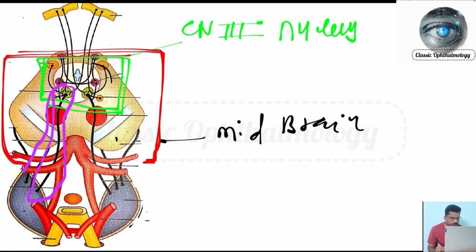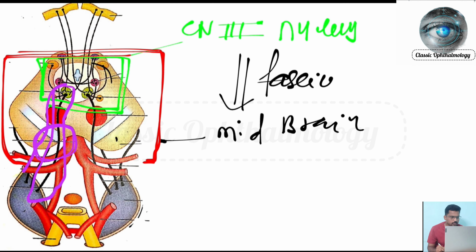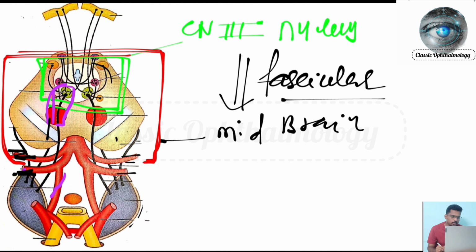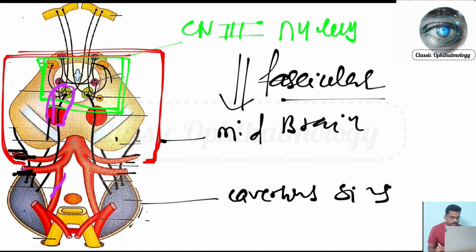This part from the origin to the emergence from the midbrain is called the fascicular part. Then the nerve passes to the cavernous sinus, and this part between the midbrain and the cavernous sinus is called the basilar part.